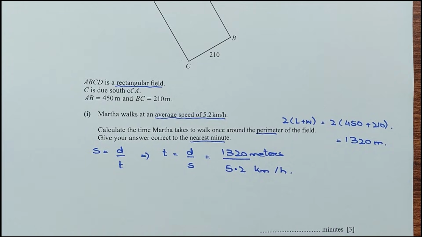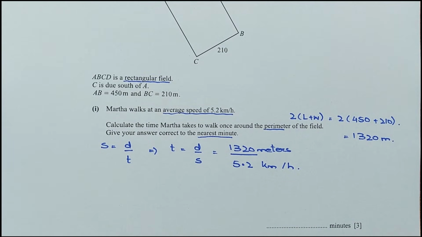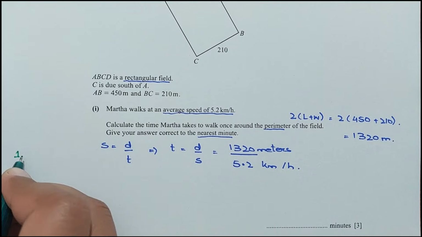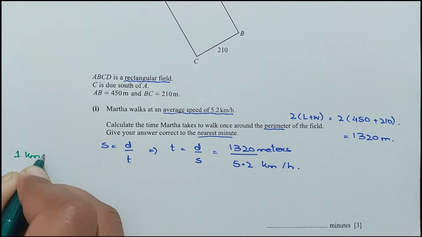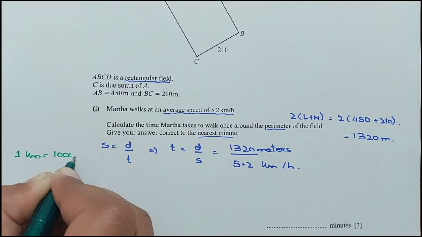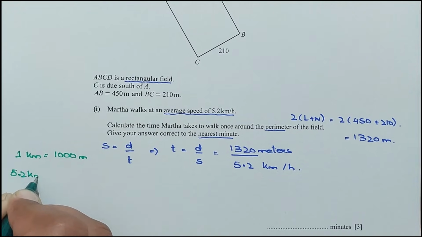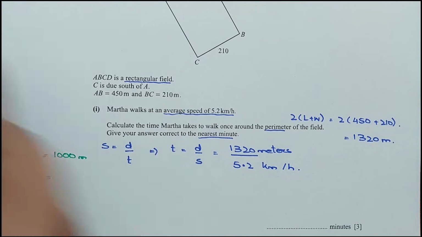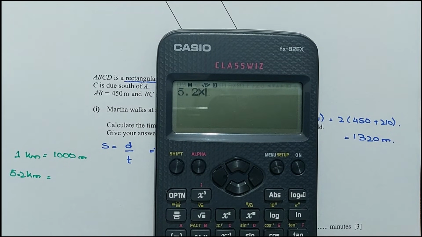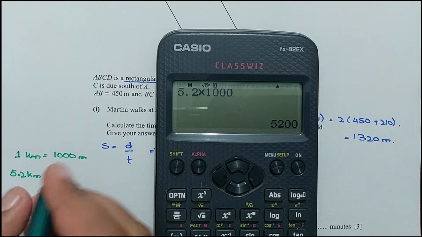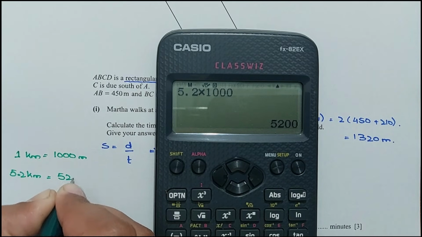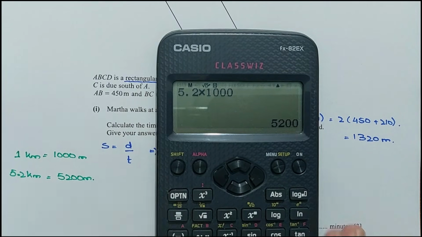So we have to make the same units. Let me do the conversion. 1 kilometer has 1000 meters. So 5.2 kilometer is 5.2 times 1000, which is 5200 meters, right?